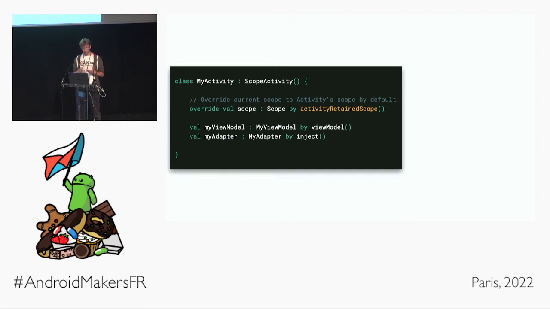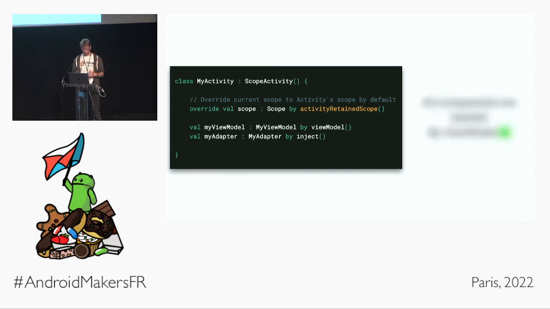If you want to maintain, for example, my adapter across the activity lifecycle, what we can do is override the scope here. You can say override scope by activity retain scope. By default, we will have the activity scope, and here you say, okay, I want an activity retain scope, and then we will provide a view model for you that is backing up everything, and then we will survive configuration changes for you.